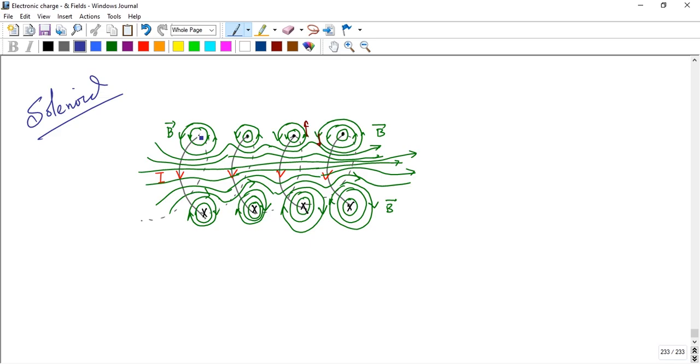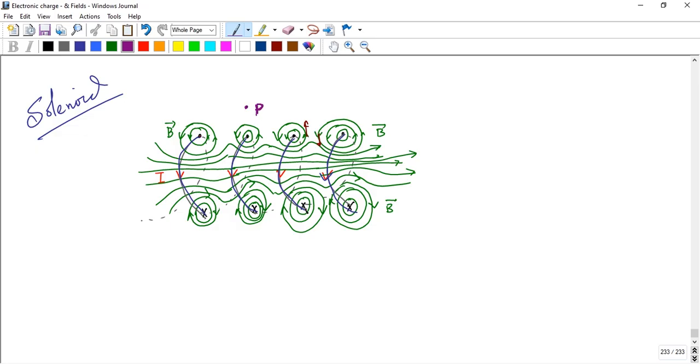Now that's the current direction I. Clear? That's a solenoid, a stretched spring. Now here is the important point. Suppose I choose a point P here.